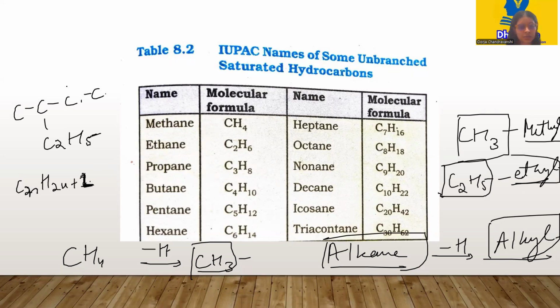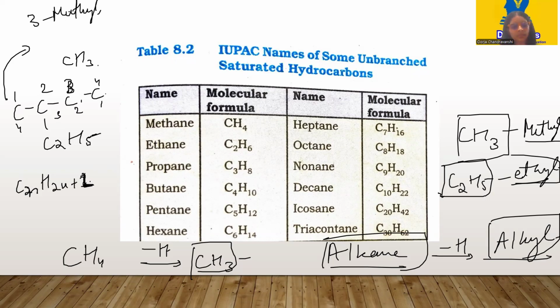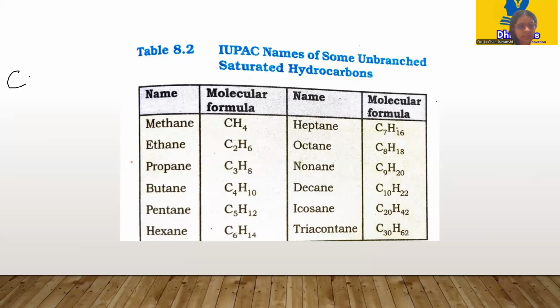Now, I have this compound with CH3 and C2H5. Where should the numbering begin from? 1, 2, 3 or 1, 2, 3, 4. Let me draw it again neatly.